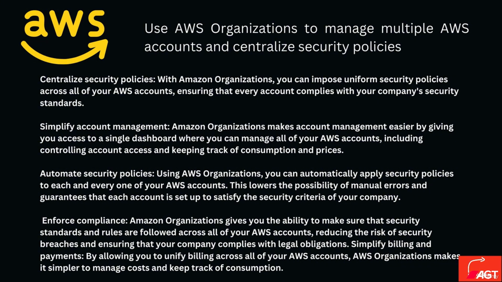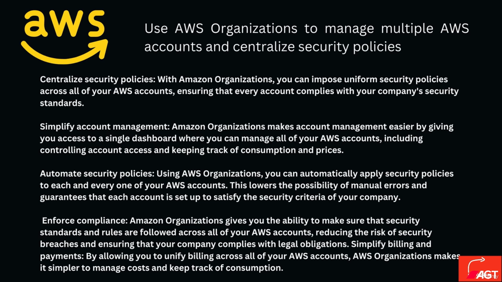This lowers the possibility of manual errors and guarantees that each account is set up to satisfy the security criteria of your company. Enforce compliance. Amazon Organizations gives you the ability to make sure that security standards and rules are followed across all of your AWS accounts, reducing the risk of security breaches and ensuring that your company complies with legal obligations.